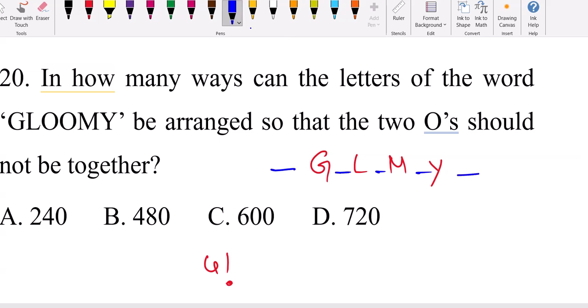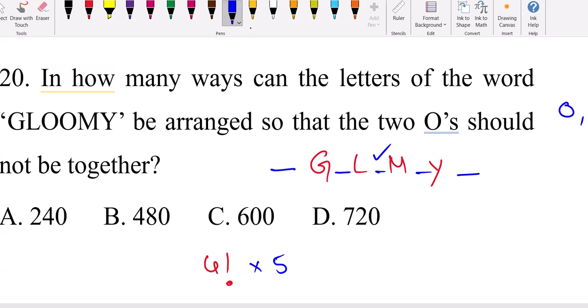Now, I got 5 slots. In those 5 slots, we can arrange those 2 O's. First O is having 5 places. Second O is having 4 places. So first O can be placed 5 ways, because among these 5 slots, there are 2 O's to be placed.